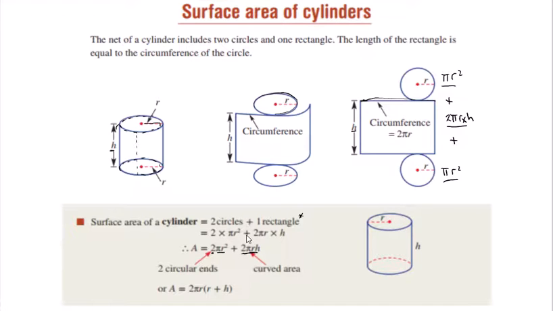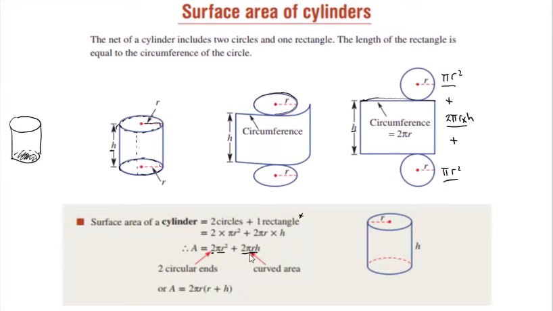Now, not every cylinder you work out is going to have a closed top and a closed bottom. If we had a cylinder which was open at the top but closed at the bottom, like a cup or a barrel or something like that, then you need to look at your formula and say, well, what don't we need?